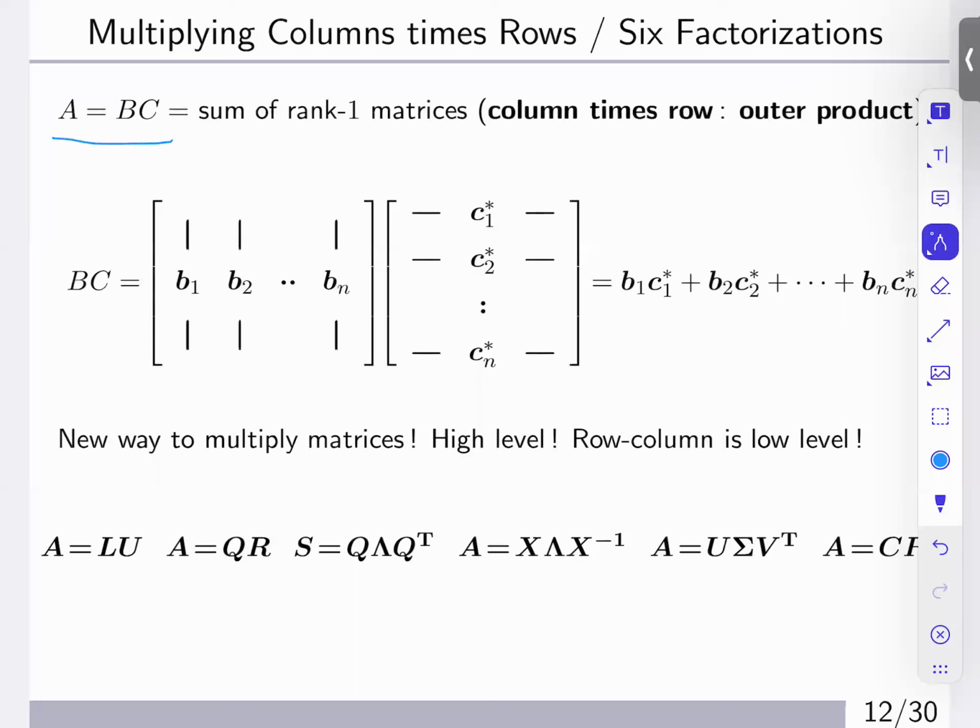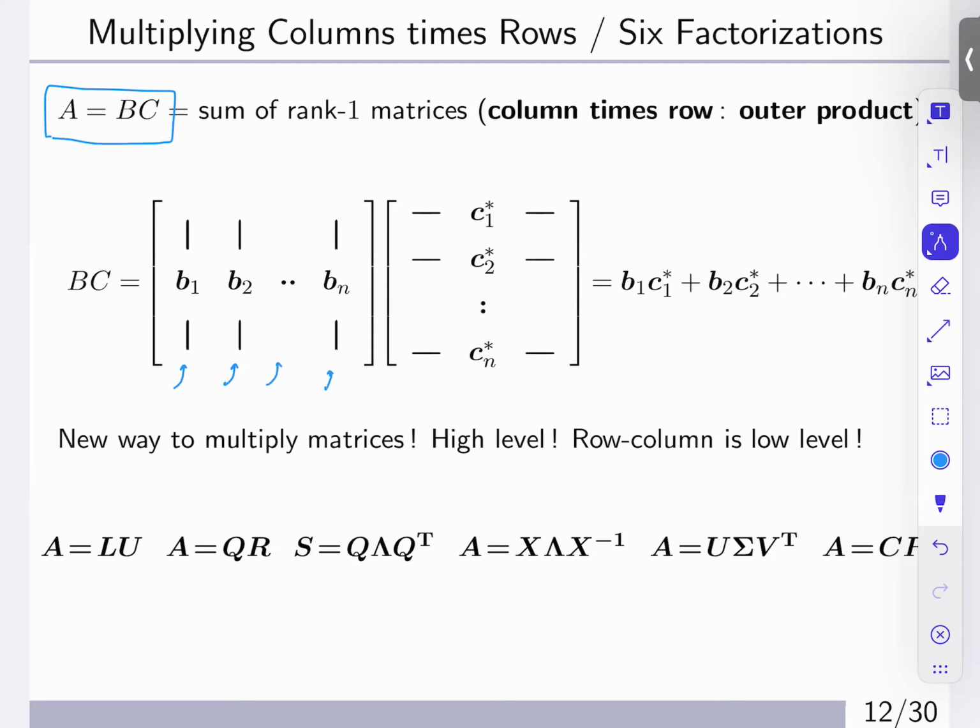If you have a matrix A that can be decomposed into B's and C's, which is a sum of rank 1 matrices, the representation is you have B1, B2, all the way to Bn.